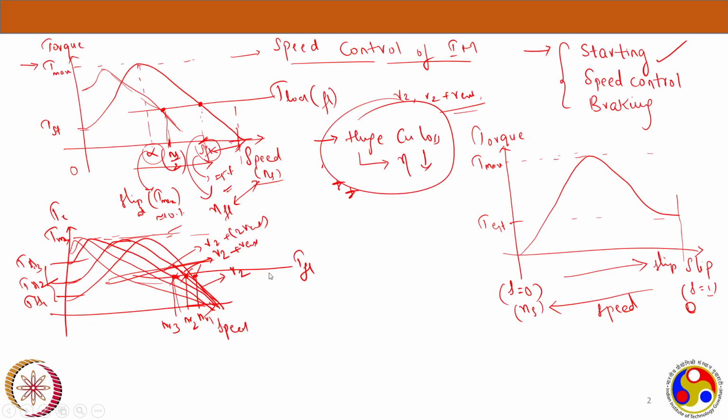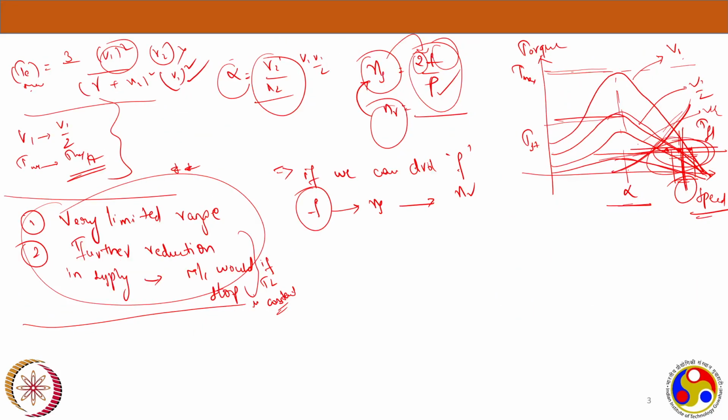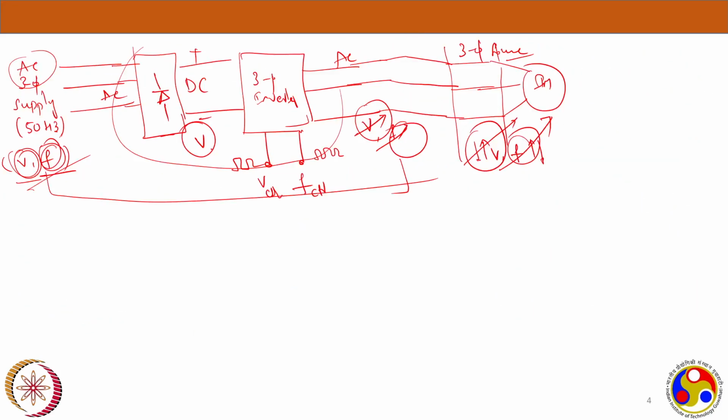So it's not at all mandatory that if you have to supply this particular low torque, your motor always has to rotate at that particular speed only. That's not a requirement anymore. Since the advent of these power electronic devices, it is easy to get a variable voltage and variable frequency. So they call this a three-phase balanced, but variable voltage and variable frequency supply. VVVF they used to call it.